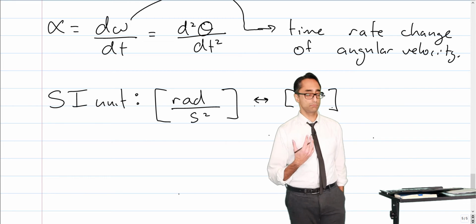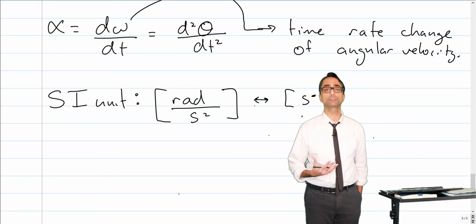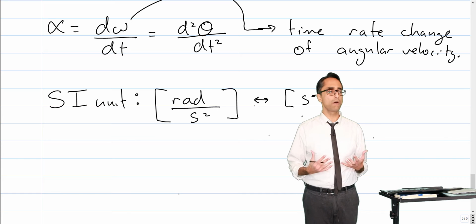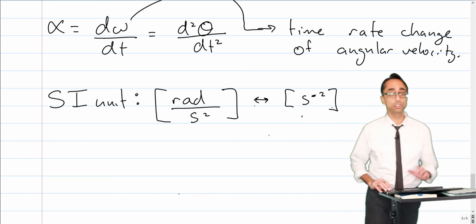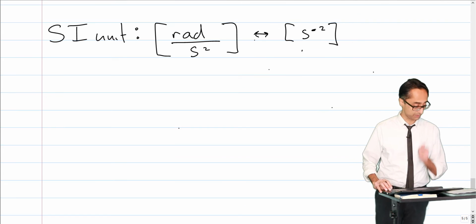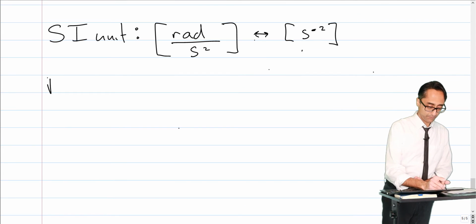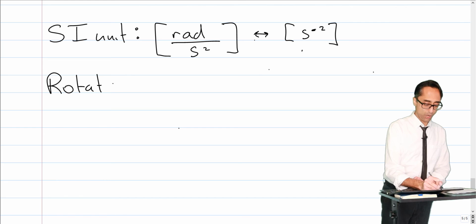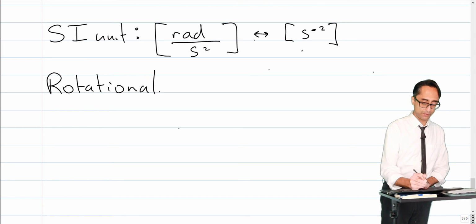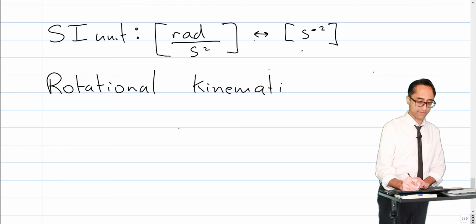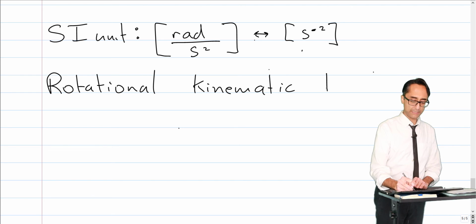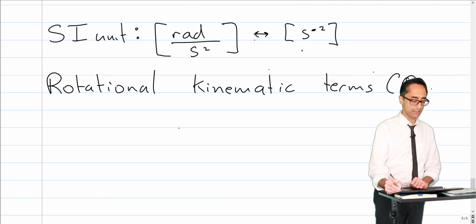All right, so what do we have? We have new kinematic terms. For the first time since the beginning of first year physics, we are now introducing new kinematic terms. We want to be able to describe fully the motion of an object going around a circle, whether it's traveling at constant speed, picking up speed, slowing down, etc., with the terms theta, omega, and alpha.